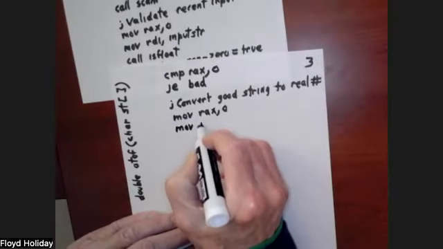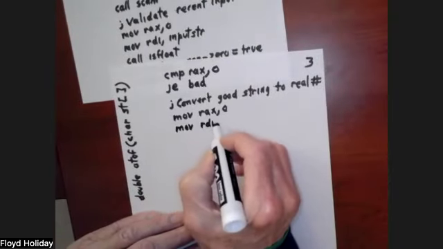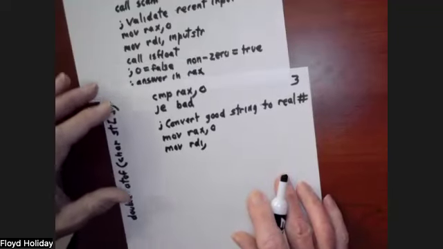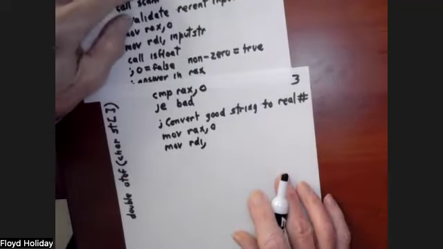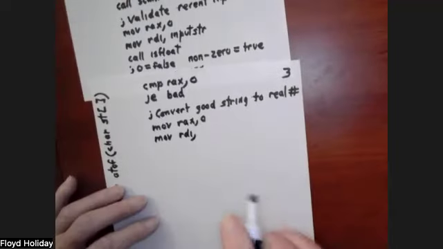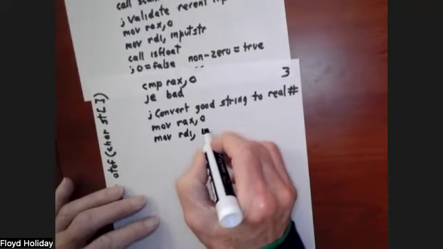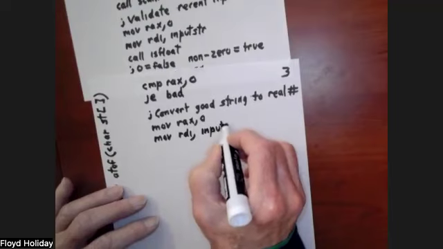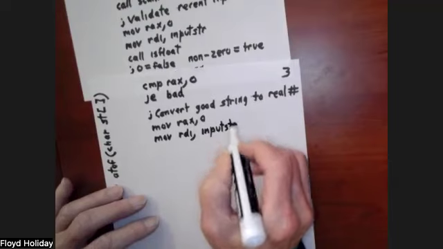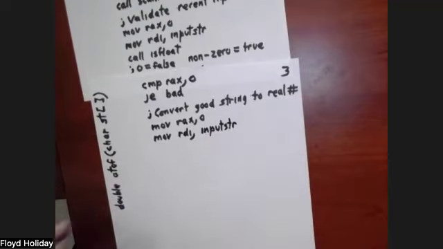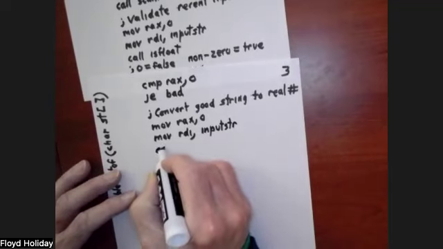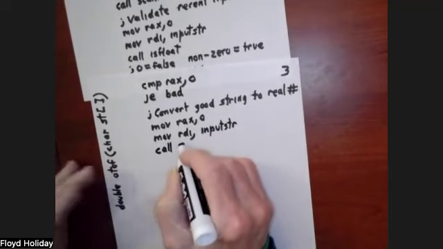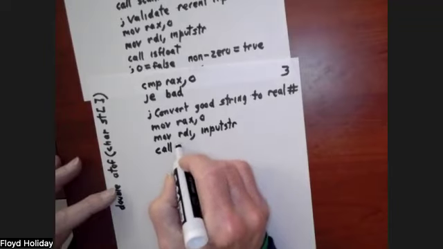Move RDI. And what's our string called? It's called, previously, input string. Looks all right. Call ATOF.